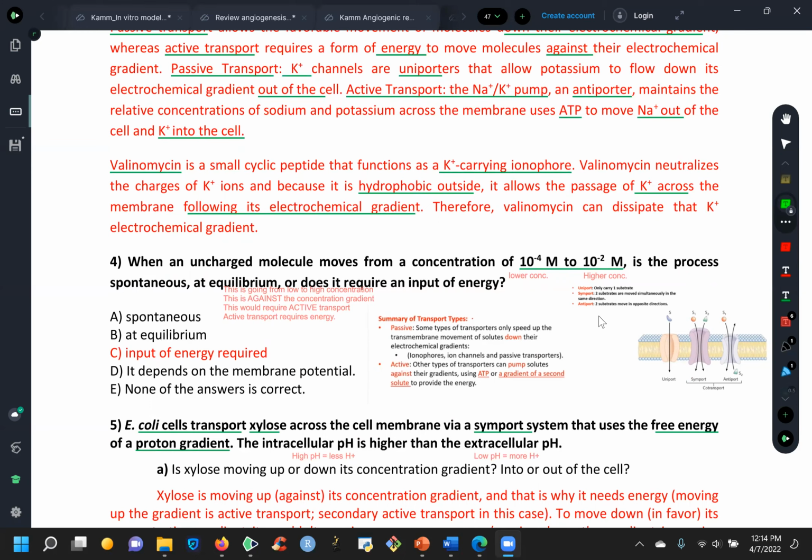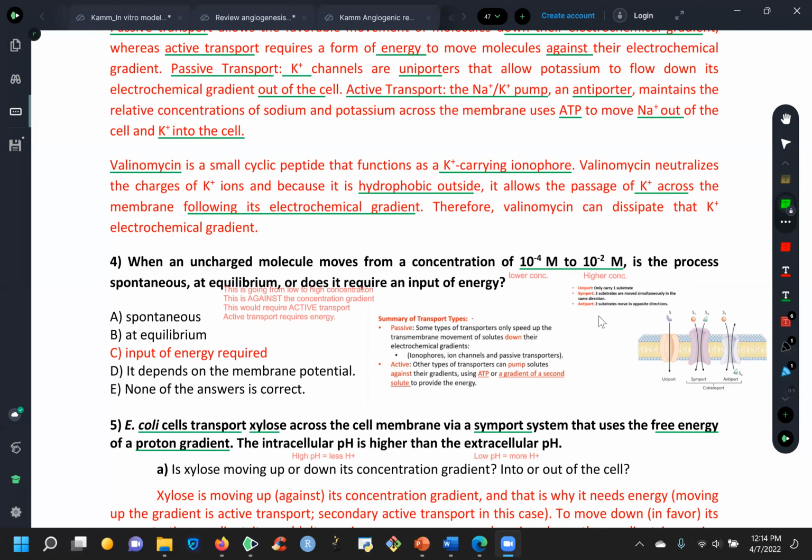And the example is the sodium potassium pump. A pump is a transporter. It has 2 gates, it's slow, it's against the gradient, and it can be saturated. And this is an antiporter. What does antiporter mean? Antiport is a form of co-transport, where one item goes in one direction and the other goes in the other direction.